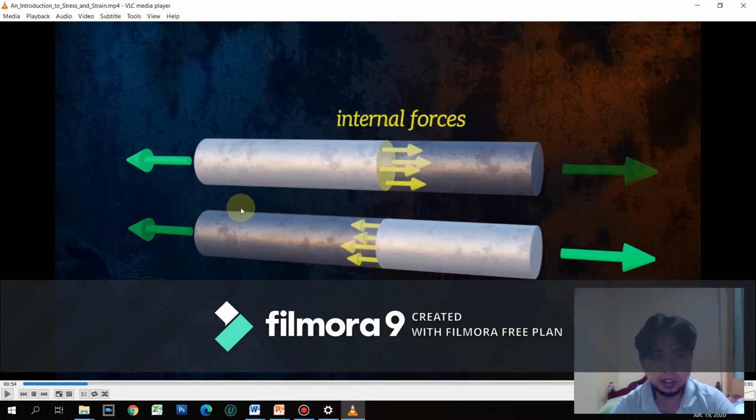What is important to apply here is that when we talk about tension, tension is always a force that is away from the member. So if we are going to cut this and consider the left portion, the internal effect would also be tension.